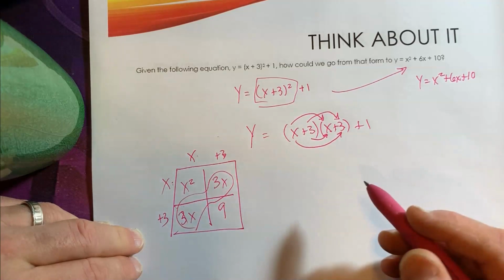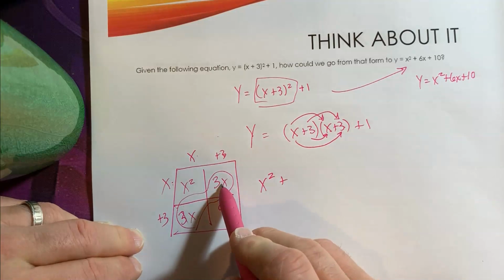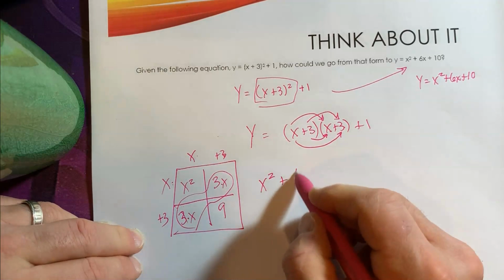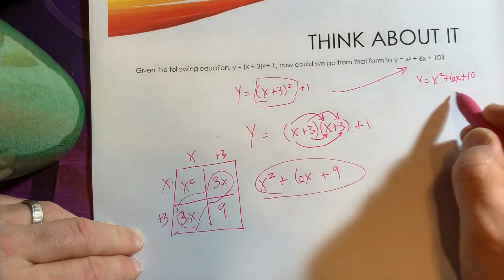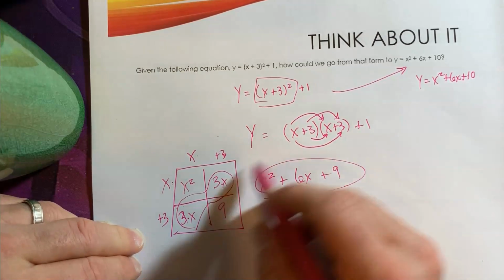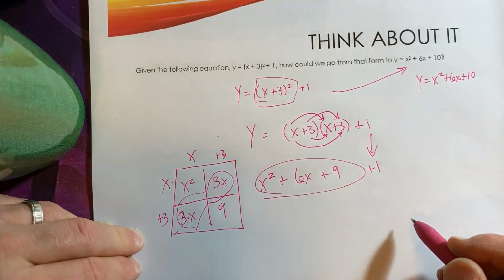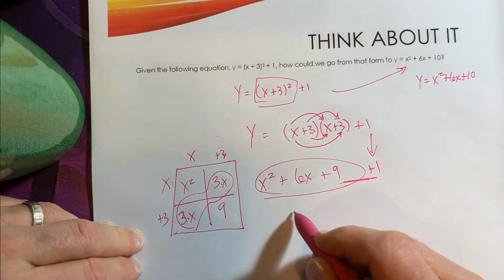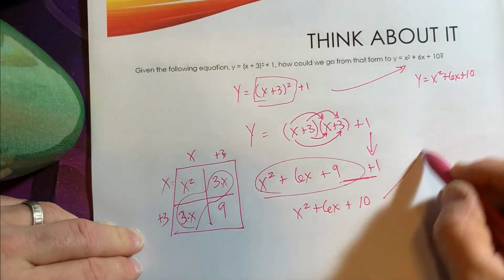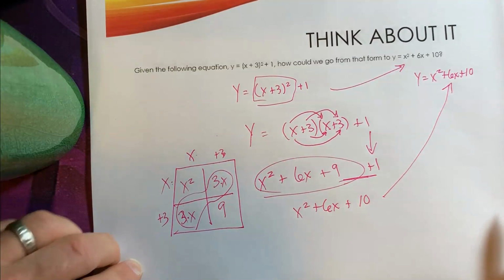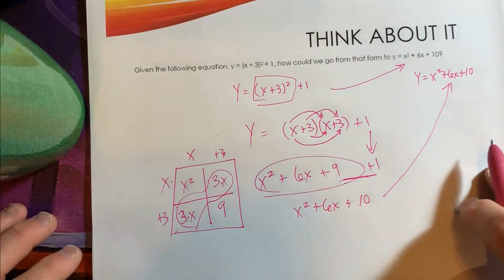We have to combine the like terms in the middle. So this is going to give us x squared plus 3x plus 3x is 6x plus 9. And that's how we get from this to here. But oh, I almost forgot, I had to add my 1 onto this. So this gives me x squared plus 6x plus 10, which is exactly what we were trying to get up here. Okay, hope that makes sense.